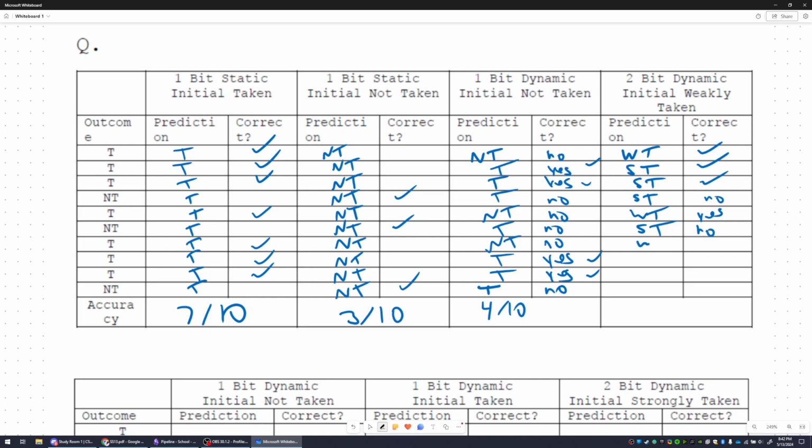No. So change it to weakly taken. Is it accurate? Yes. No. So let's change it to strongly taken. Yes. Strongly taken. Yes. Strongly taken. No. So the accuracy for this is 7 out of 10.